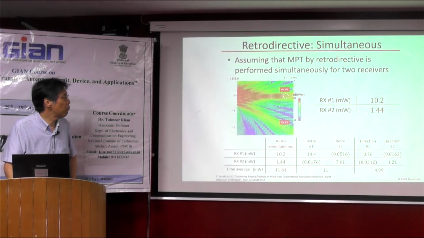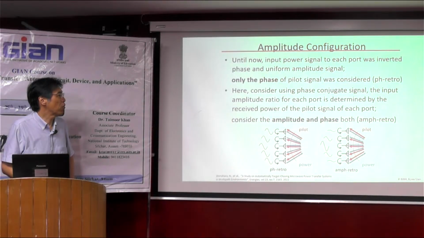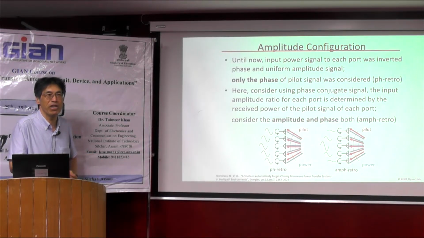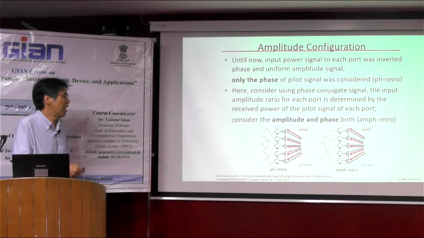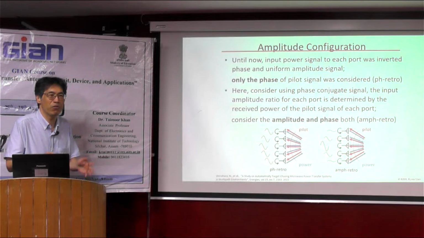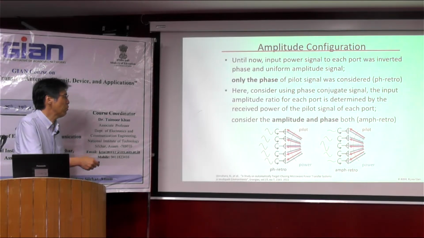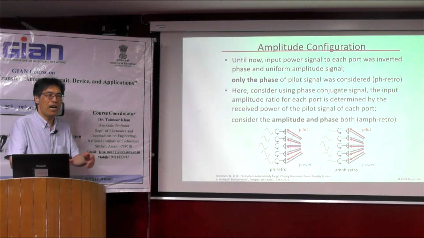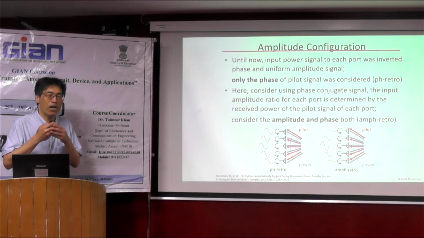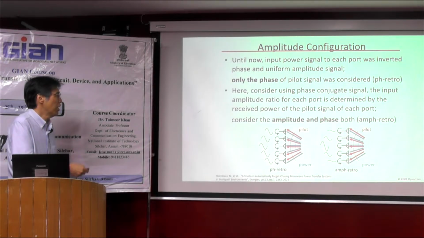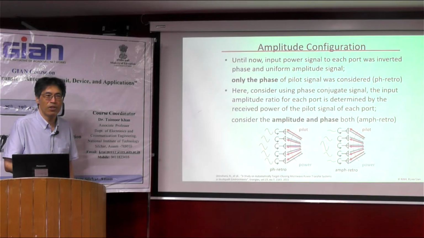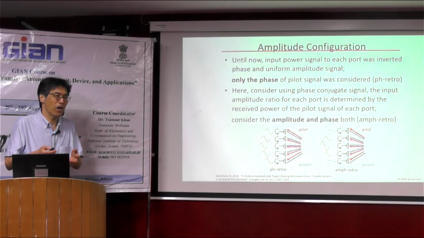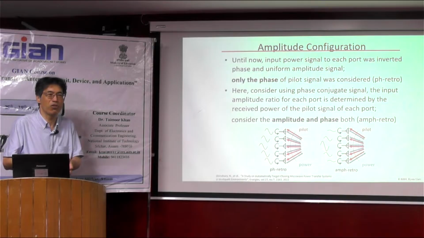And more, we go beyond to the concept of amplitude conjugation, because, as I mentioned again, we would like to put the user at the radiative near field distance. It means the pilot signal will arrive as a spherical wave, not a plane wave. So in this case, what happened? Of course, this doesn't mean the conjugation of the amplifier.